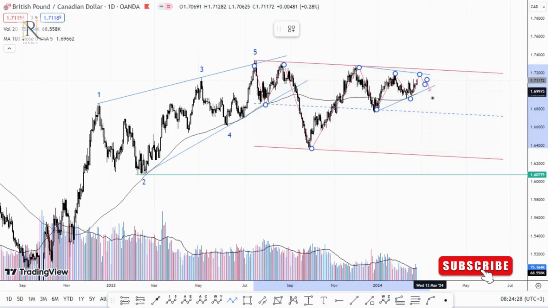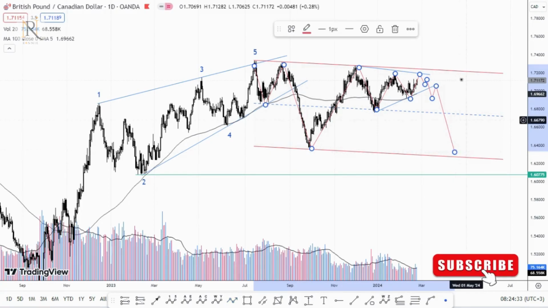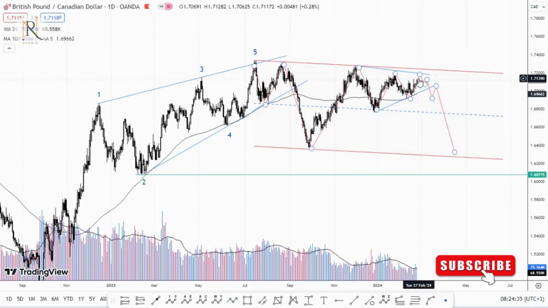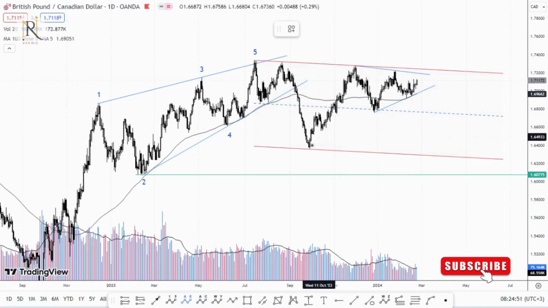So what we are waiting for is what the market will do right at this point, when the market clears out this consolidation.